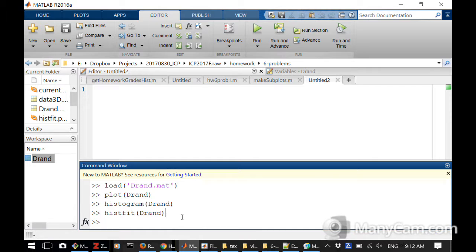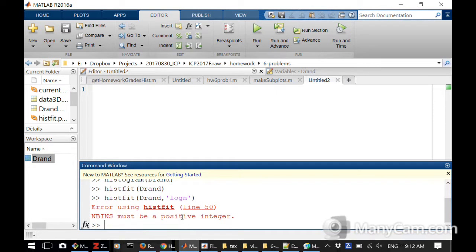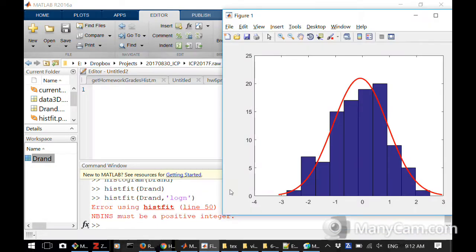I could say, for example, uniform. No, I don't think uniform is a good choice. So histfit drand, lognormal. That's not going to work, but let's try it and see what happens. Yeah, you see, so lognormal is a log normal distribution, and its range is always bigger than 0, so that doesn't work for this Gaussian distribution.